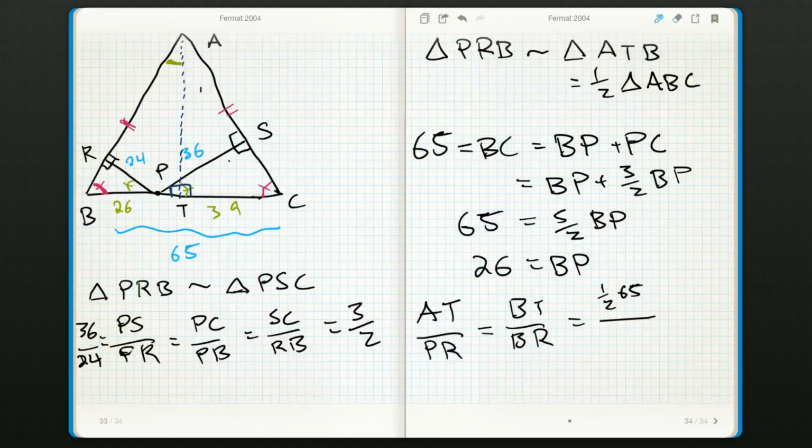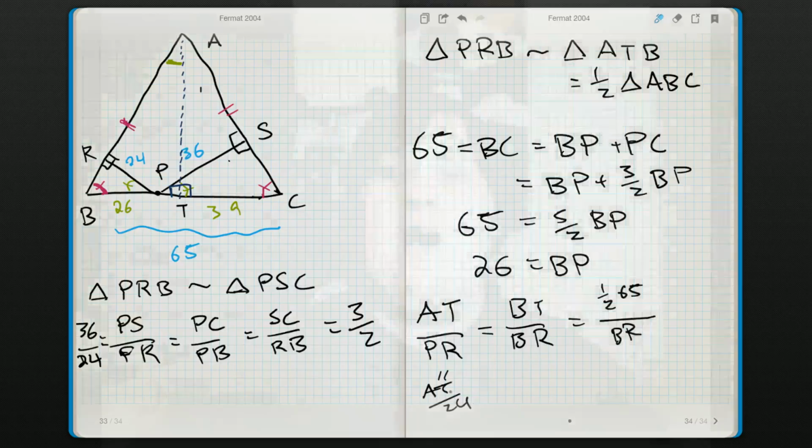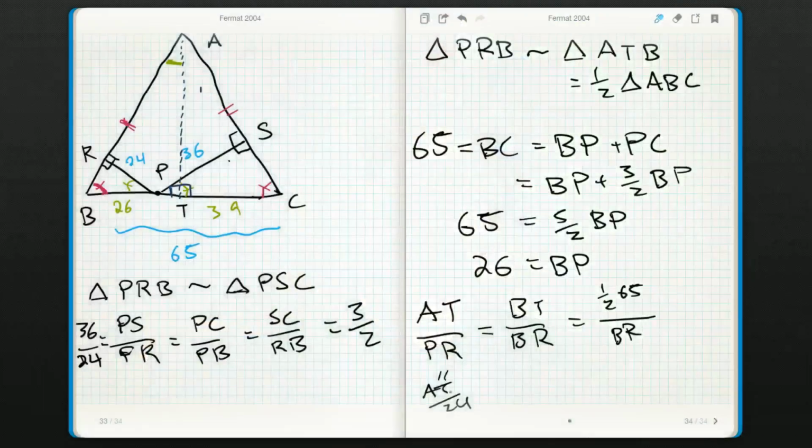So that's one number. PR is 24, so this is AT over 24. So if I just knew BR, I could work out what AT is, and once I had AT, I would have the altitude and base, and get the triangle, 1/2 base times height. So I just need BR, and BR is the other length in my small right angle triangle PRB.